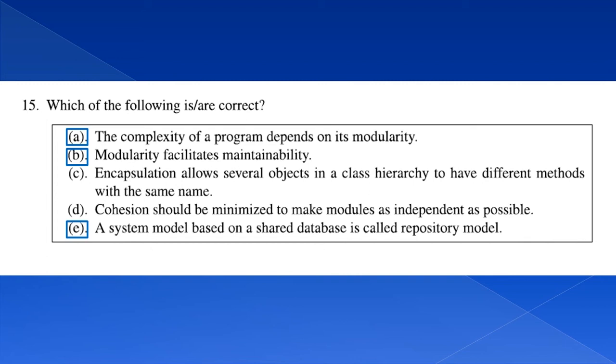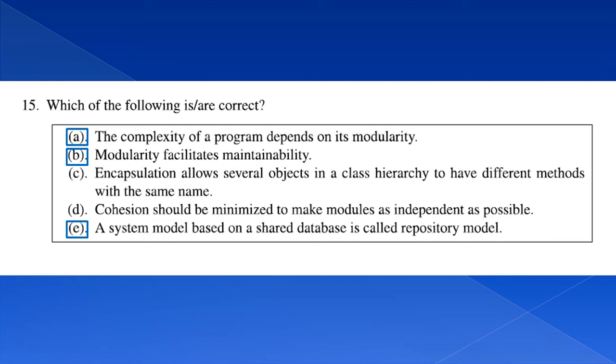Okay. Modularity facilitates maintainability. By the example we talked about before, you know that when you make the system with modules and couple them loosely, it will facilitate maintainability. It's easy to maintain because it's developed by modules, and when you change a certain module, it won't affect other modules.